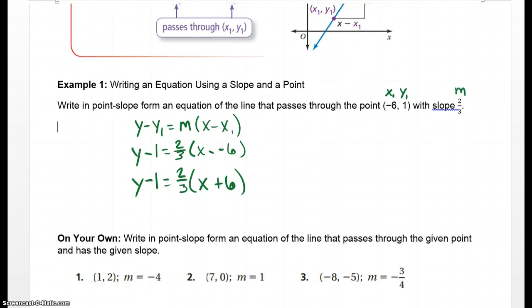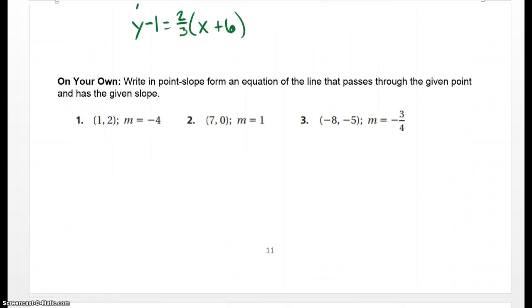So when you start doing these on your own, label these. So this is x1, do this with me, this is y1, and then of course that one's already listed as m. This is x1, this is y1, that's the m. x1, y1, m. Write the formula first. y minus y1 equals m times x minus x sub 1.